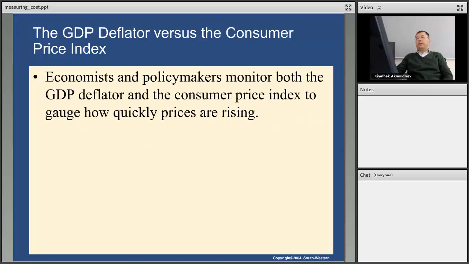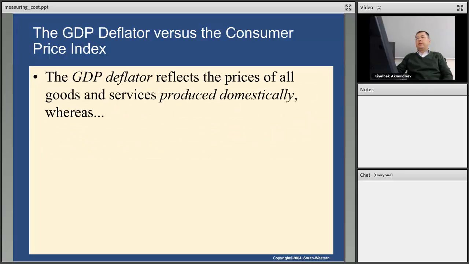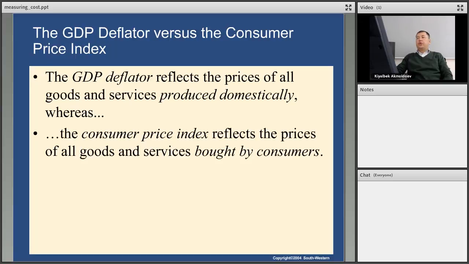Economists and policymakers monitor both the GDP deflator and the consumer price index to gauge how quickly prices are rising. There are two important differences between the indexes that can make them diverge. What are they? The GDP deflator reflects the price of all goods and services produced domestically, but the Consumer Price Index reflects the goods and services bought by consumers.